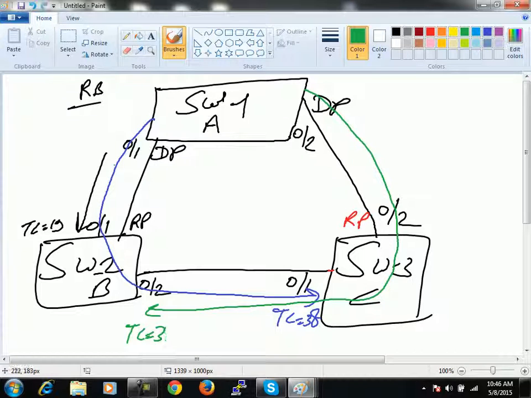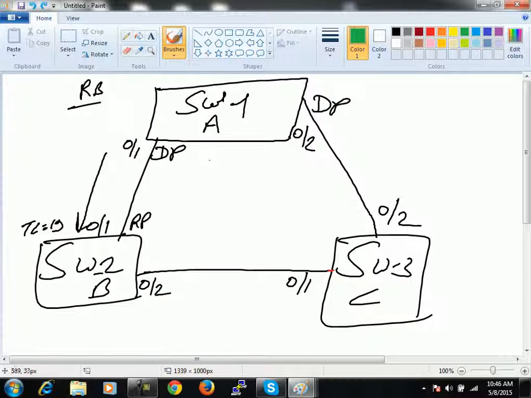And never calculate cost in this manner here, because sometimes you compare cost in this way, from here and from here. It will never happen, because it will never receive a BPDU from switch 1 and then switch 3 on this interface, never ever. It will transmit the BPDU from it, right?